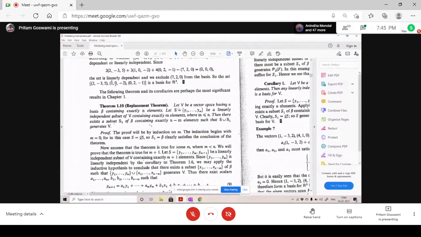So basically, the basis has n elements and you have a linearly independent subset which has less than or equal to n elements. That set is S. They are saying that you can always find a subset of the basis, denoted here by S1, with exactly n minus m elements, such that S union S1 will always generate the whole vector space.